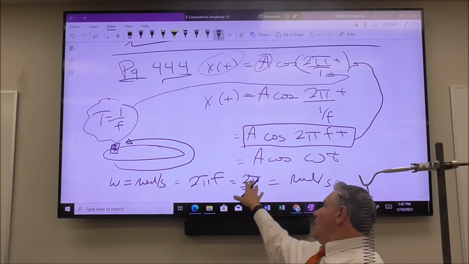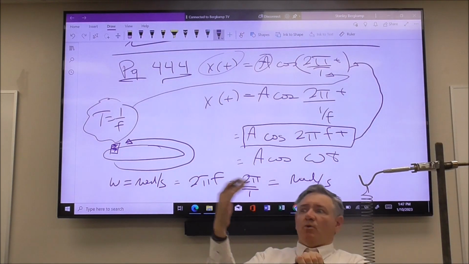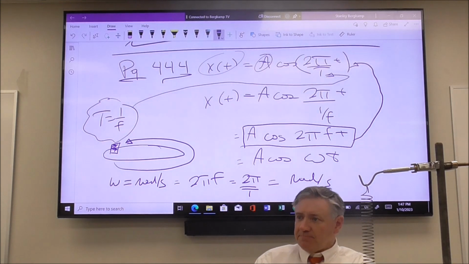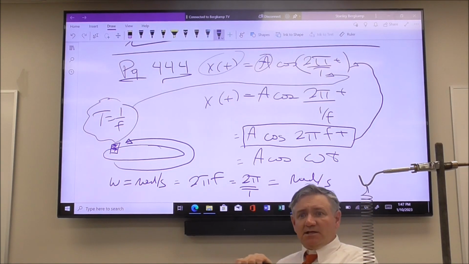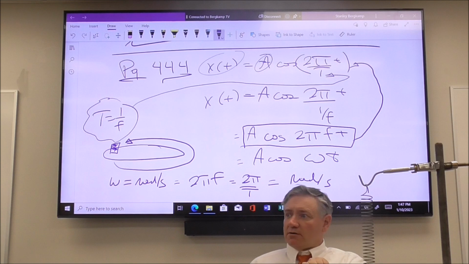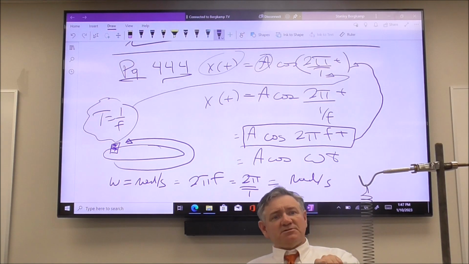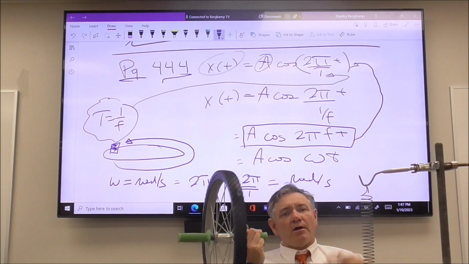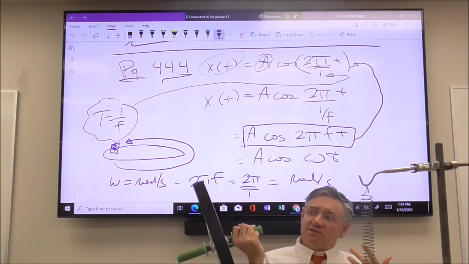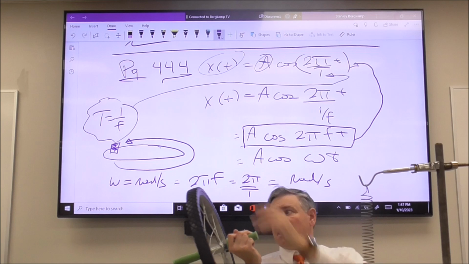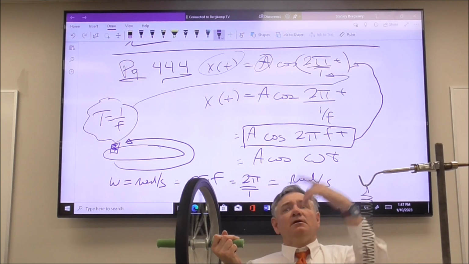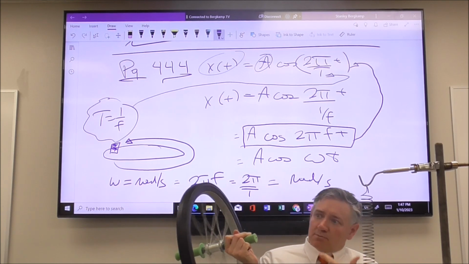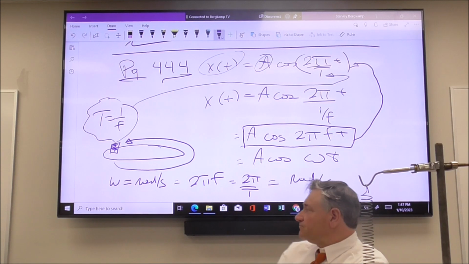So don't flip out and go, where does that 2 pi come from? It's 1 revolution. Then I'm going to divide by t. That's how long it took. I get radians per second. So clearly, if this thing is going pretty slowly, I'm going to have a relatively small number of radians per second. If it's going a lot faster, then I'm going to travel through a lot more radians per second.